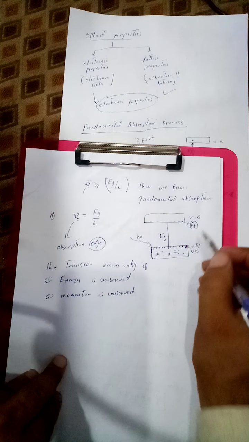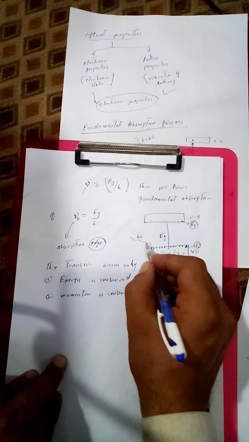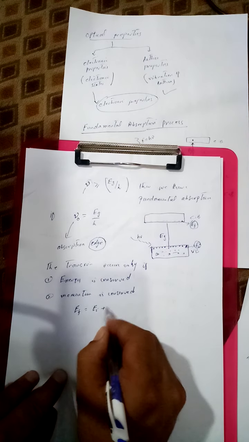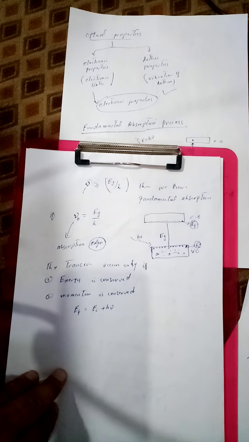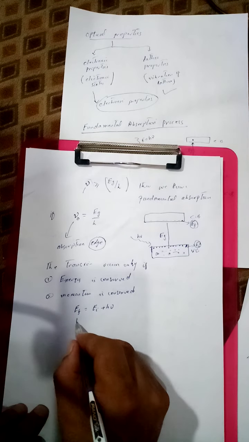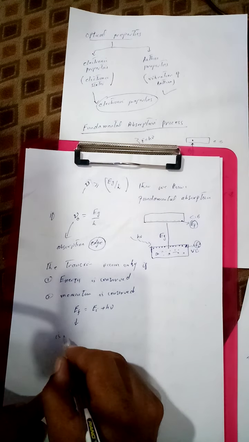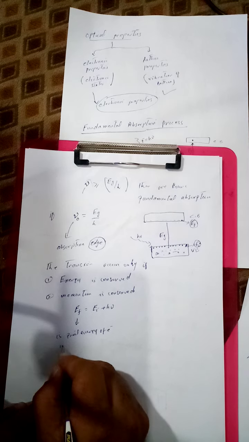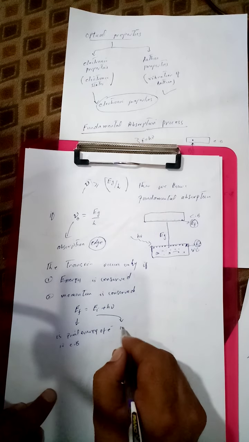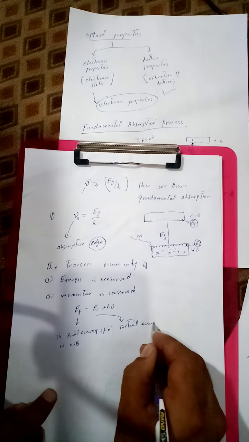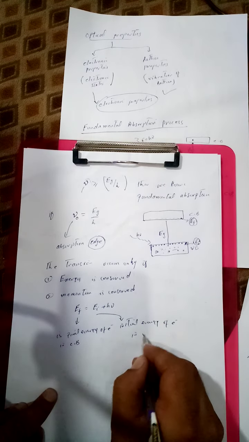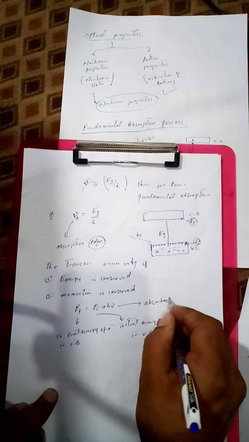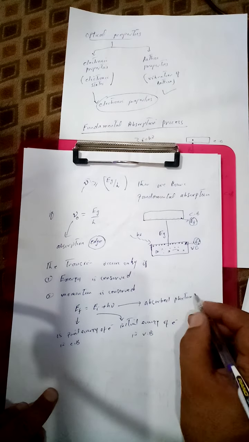So the final energy will be equal to the energy of the electron in the conduction band plus the absorbed energy from the photon, like EF is equal to EI plus h nu, where EF is the final energy of the electron in the conduction band, EI is the initial energy of the electron in the valence band, and h nu is the absorbed photon energy, the energy of the photon which is absorbed.